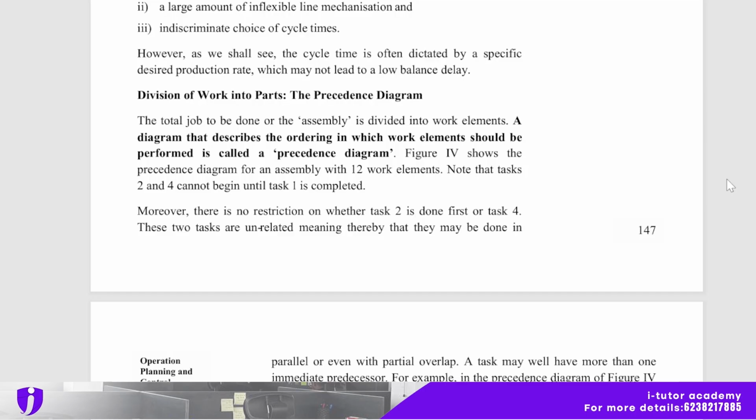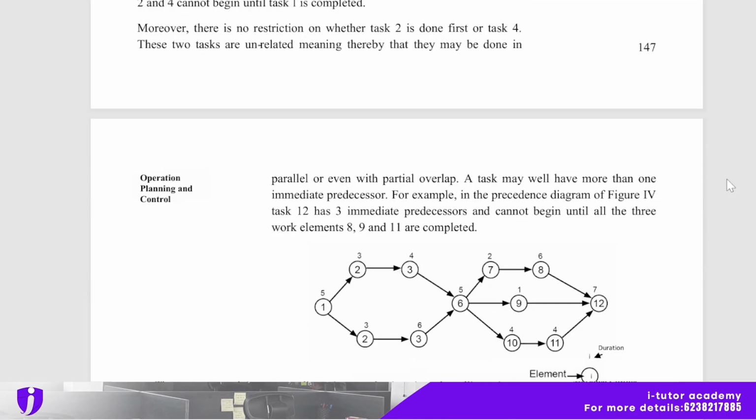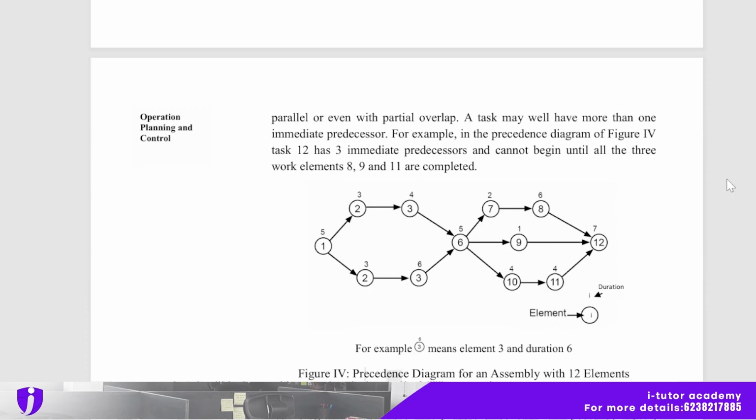Division of work into parts, the precedence diagram: the total job to be done, or the assembly, is divided into work elements. A diagram that describes the ordering in which work elements should be performed is called a precedence diagram. So here is a precedence diagram for an assembly with 12 elements.